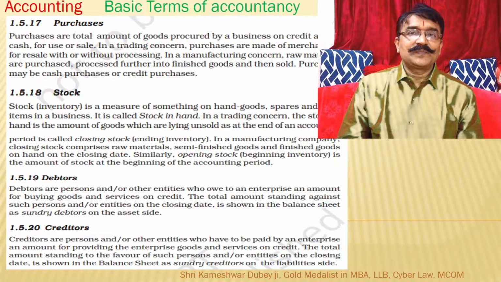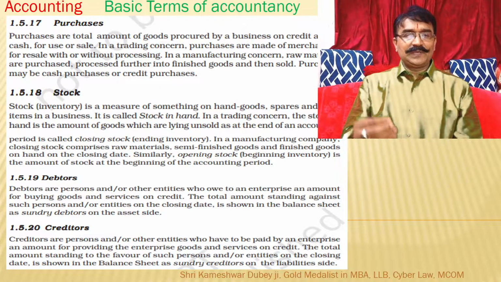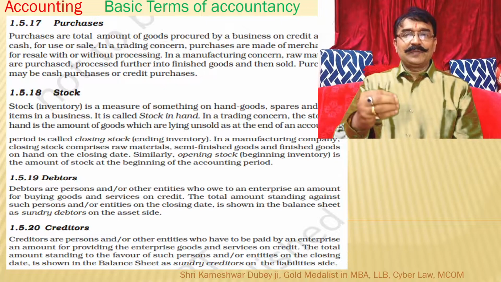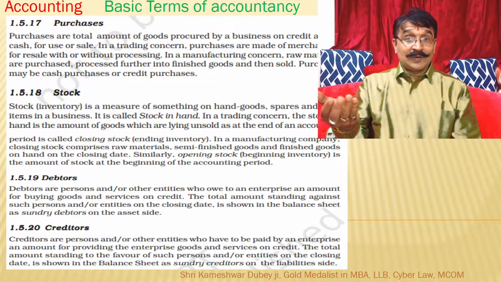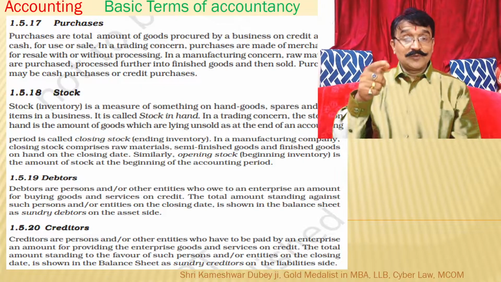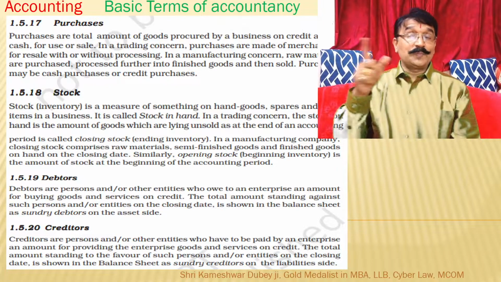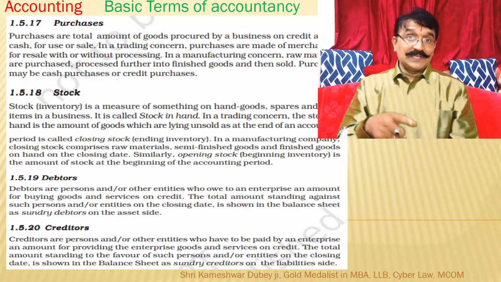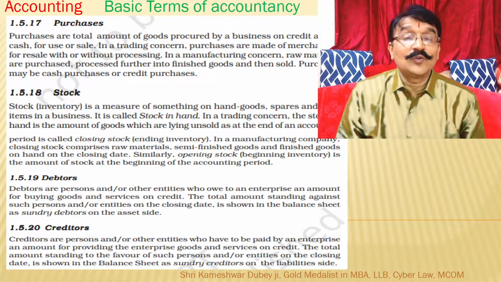If someone is taking goods on credit, that means he is a debtor. The person who is giving that amount is the creditor. For the creditor, the business entity has to pay him later on, and for the debtor, the business entity has to take the amount from him today or tomorrow.